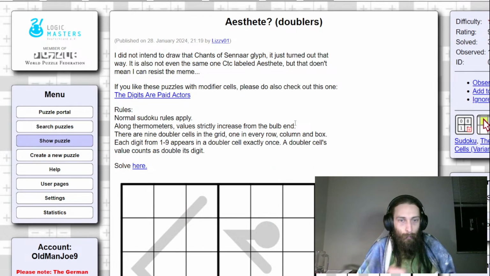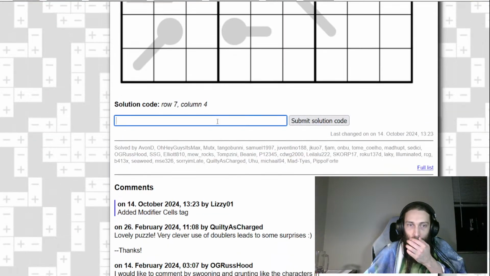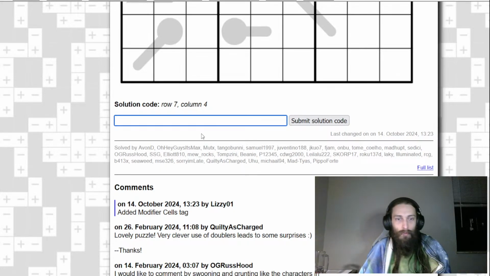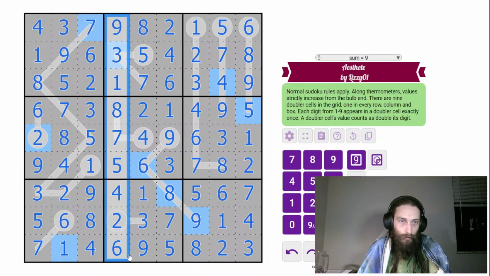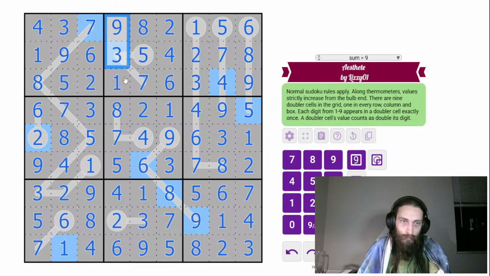Oh. Row 7. And then column 4. That was the right button. No! First try.